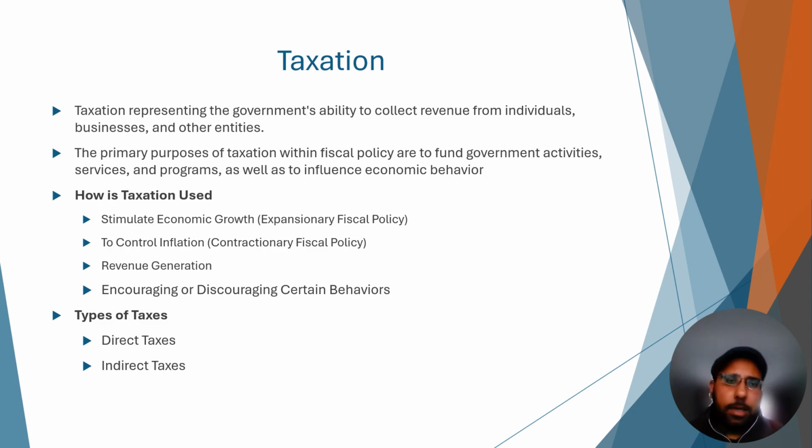And finally, taxes can be used to encourage or discourage certain behaviors. For example, you may not have to pay taxes on green energy products or research and development businesses. Those are tax incentives. If you want to start investing in these sort of areas, there won't be any taxes involved.